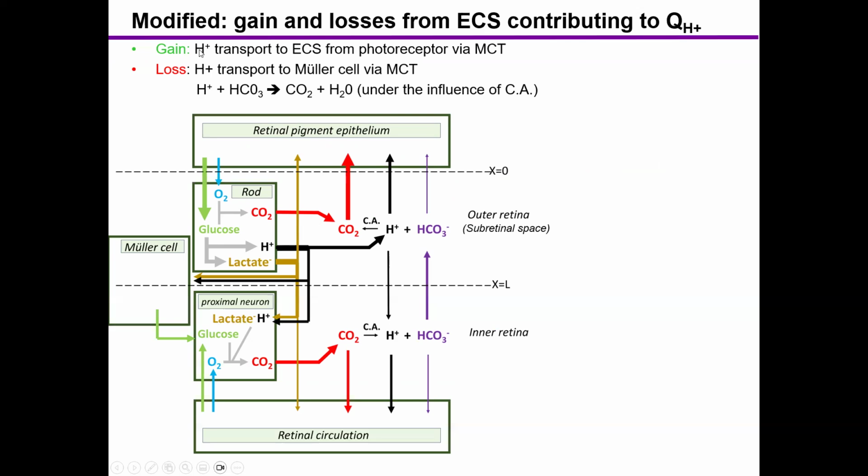Again, the gains would be transport to the extracellular fluid by the MCTs from the photoreceptors, and the losses would be uptake by the Mueller cells, again on MCTs. And I've emphasized here that one loss is likely to be the buffering of hydrogen ion into CO2.